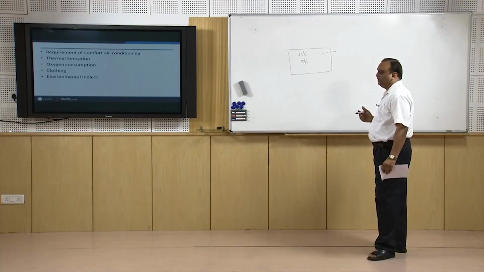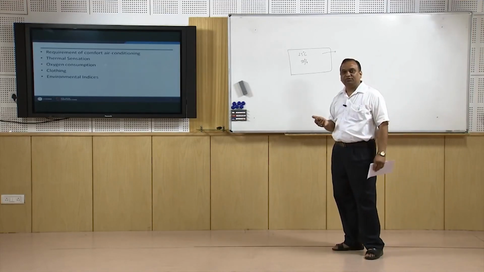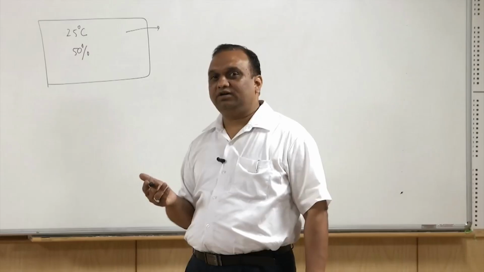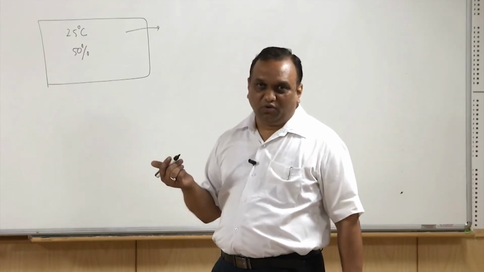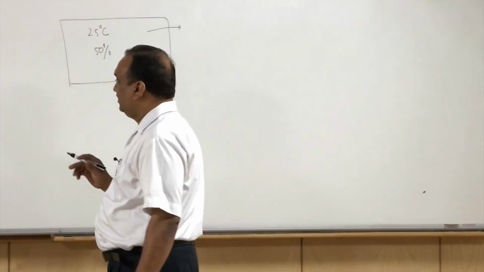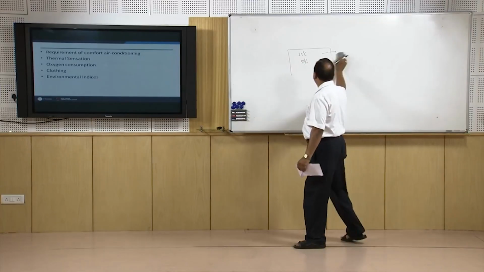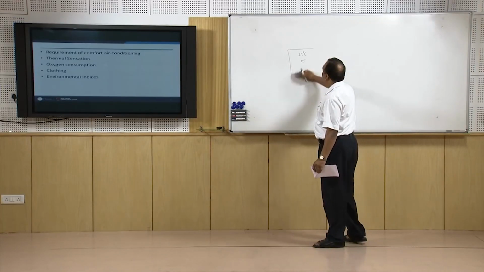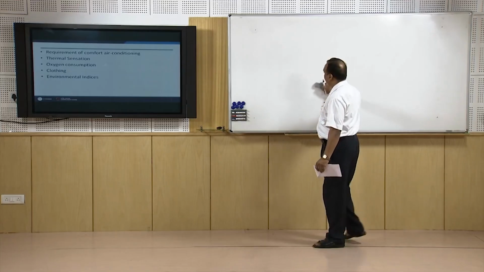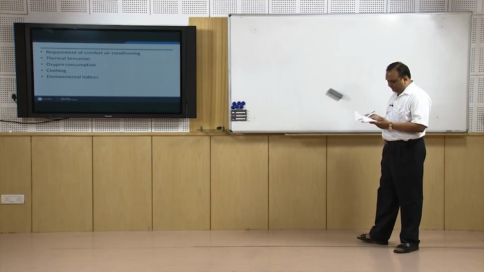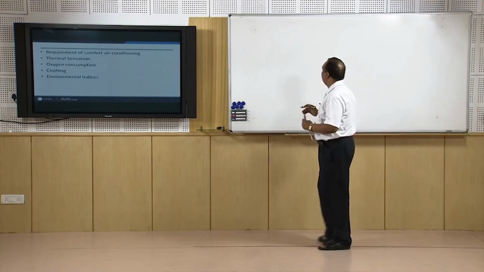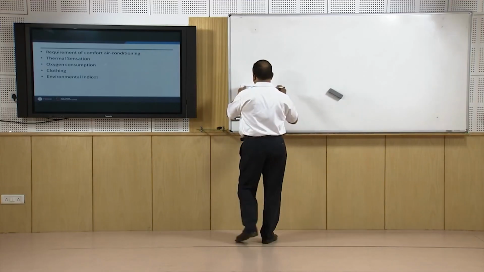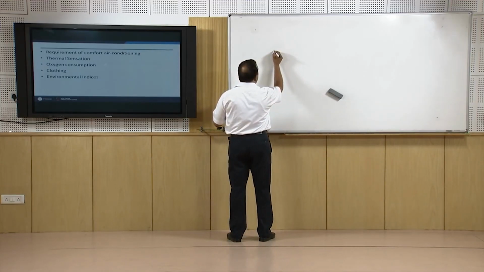I mean, you may feel hot, you may feel warm in the outside environment, you may feel cold, and you may feel chill. But as an engineer we have to quantify these things, right? In order to quantify, ASHRAE has quantified the thermal sensation and it has given certain points.